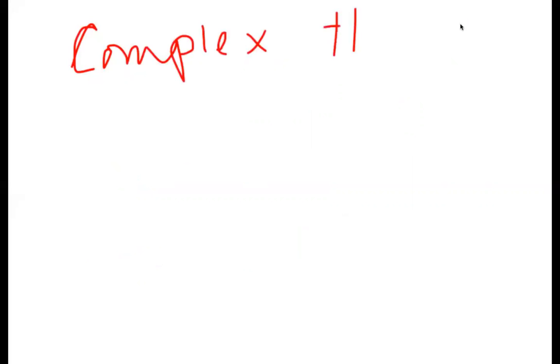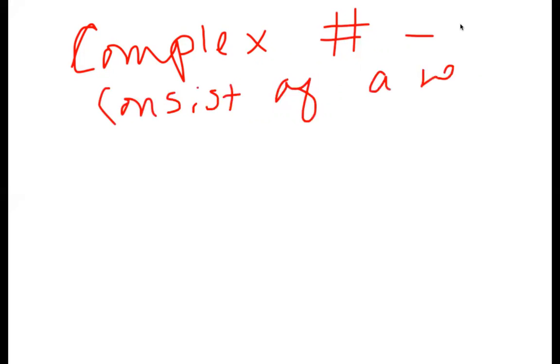So additionally, guys, once we start looking at these complex numbers, a complex number is simply this, okay? It's made up of a real number and an imaginary number. A real number and an imaginary number.